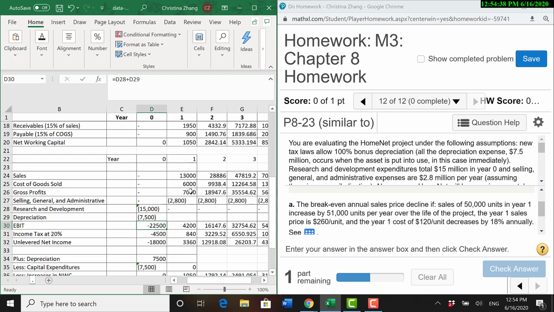For year 1, what I'm going to have is my sales minus cost of goods sold, plus the selling and administrative expenses. The reason I'm adding it is that I already have the sign over here. If I didn't, I'd be doing a minus. You know what? Let me just be more consistent so it's a bit easier for you. So it's going to equal 2,800.